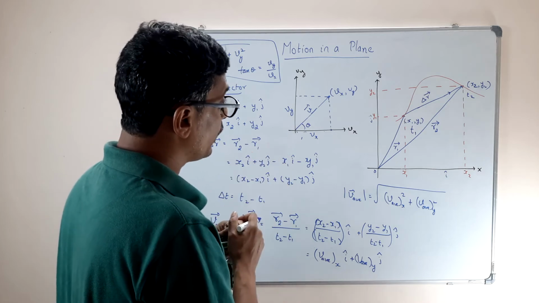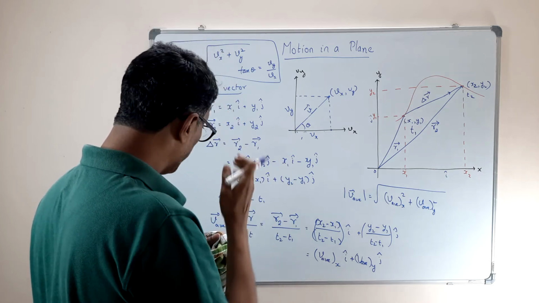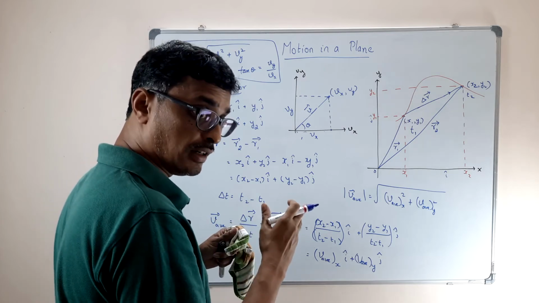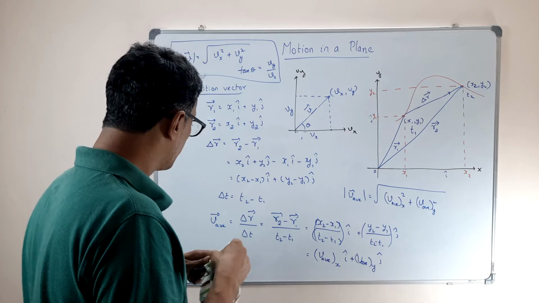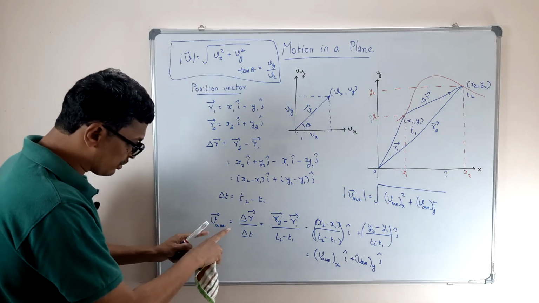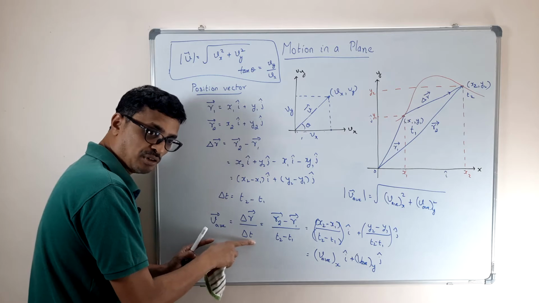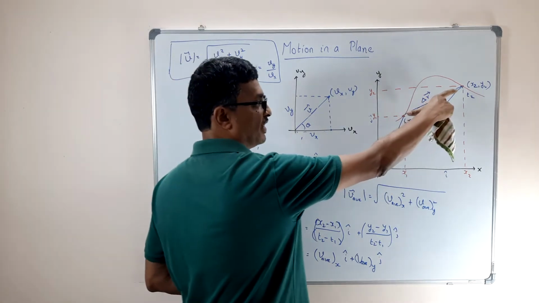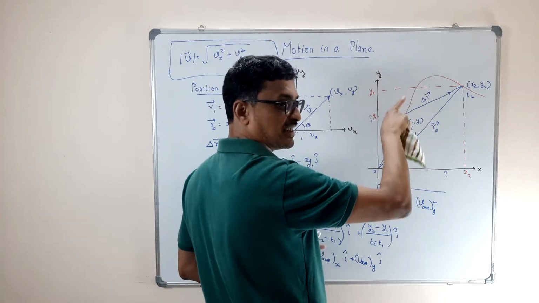Okay, now once you define the average velocity in a plane, we can define the instantaneous velocity also for motion. How will you do it? You remember, instantaneous velocity will be the same thing, only delta t should go to 0. Am I right? When delta t becomes 0, take it as a certain point, draw a tangent.